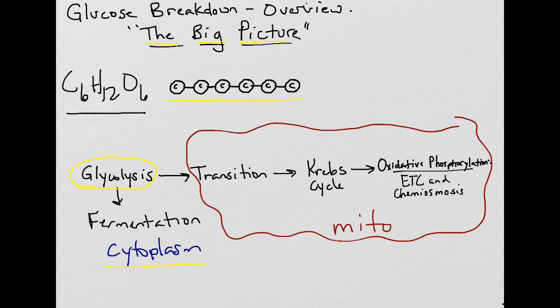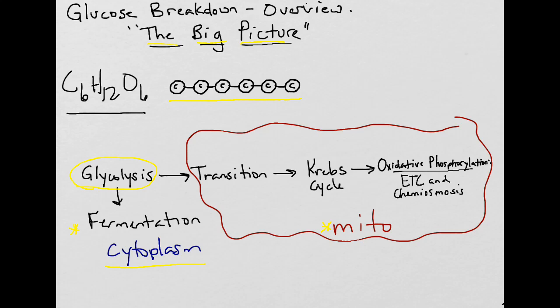We'll have breakdown products, and that product will either go through fermentation, which would occur in the cytoplasm, or it can go into the mitochondria where it can be further broken down to get more ATP.